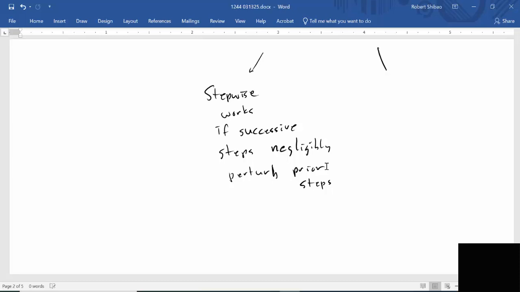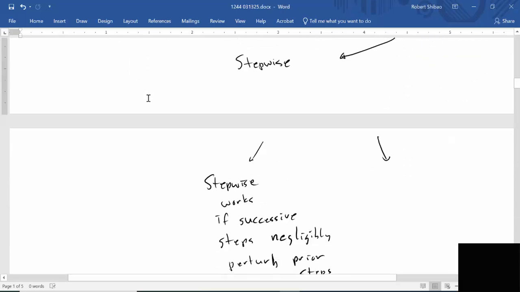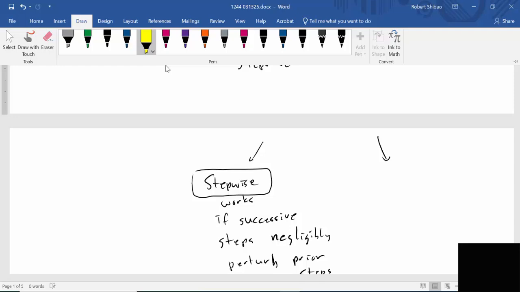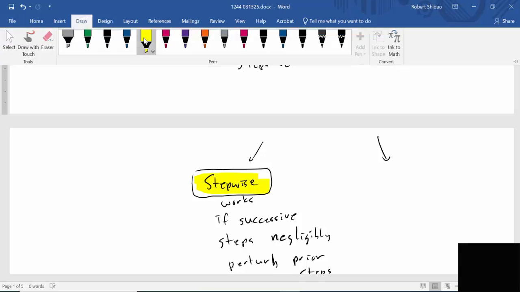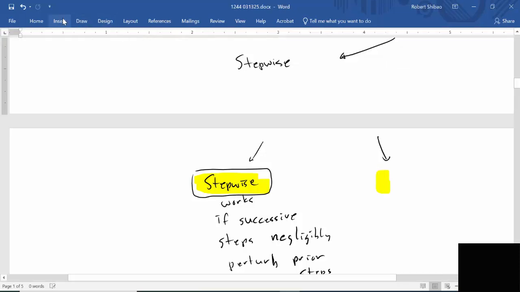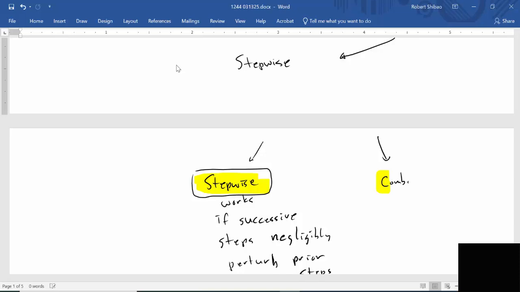The other method we can do is called the combined method. So we have 3 methodologies: simultaneous. Well, actually, simultaneous should be used for all of them, but simultaneous is too difficult. So we have 2 tricks. The 2 tricks are stepwise, and the other trick is combined. But the problem with combined is it only works for very, very specific circumstances.